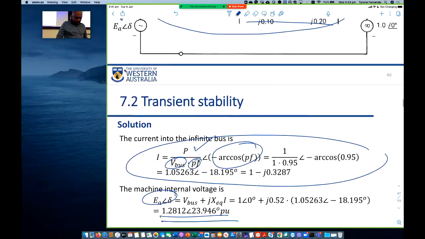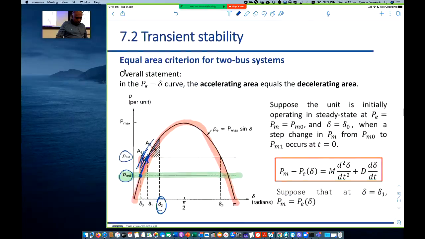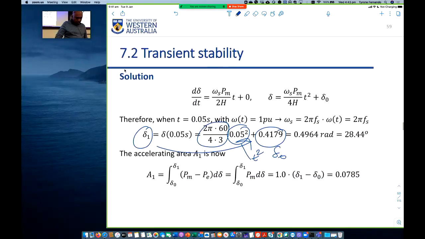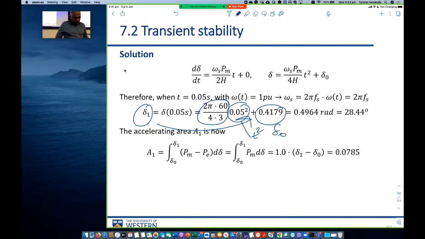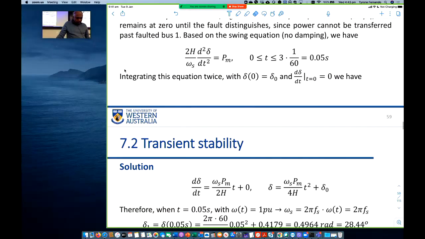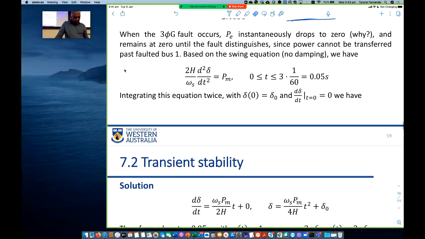Okay, let's go back to have a look. All right, so during the fault you have this equation, right? This is the swing equation. PM minus PE must equal this equation, the swing equation.